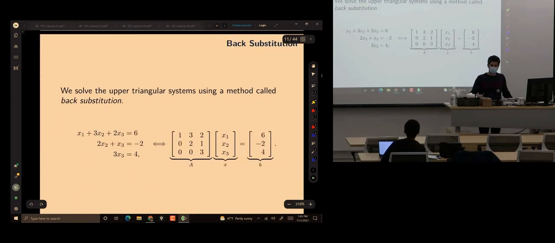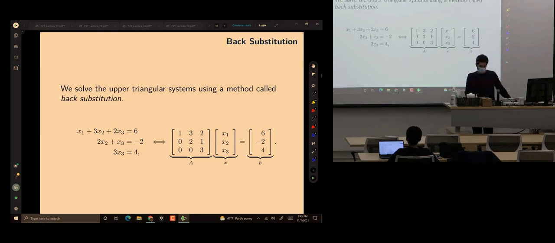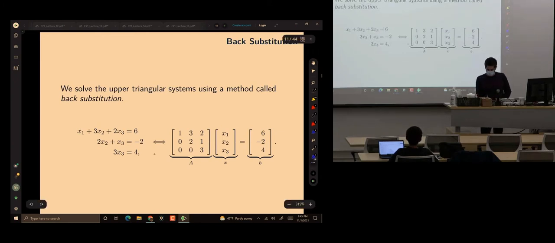Now, in a similar context, the upper triangular matrices lead to an algorithm that's called back substitution. Now, instead of starting from the first row, moving forward, now we can start from the last row.